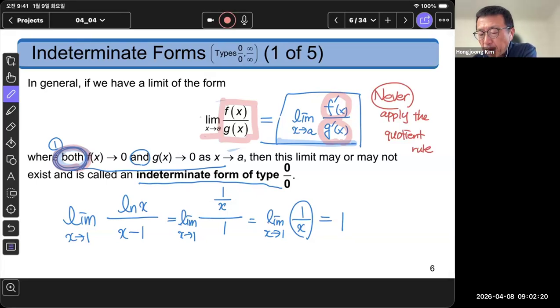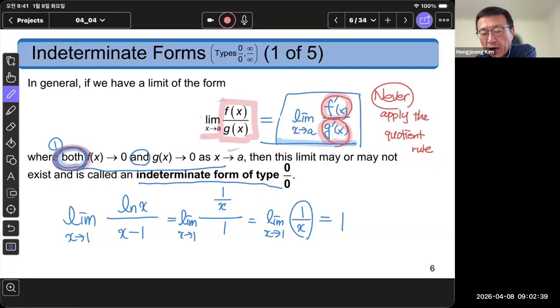So f prime, the derivative of the numerator, over g prime, the derivative of the denominator. You estimate these two derivatives, and then you let x go to a.